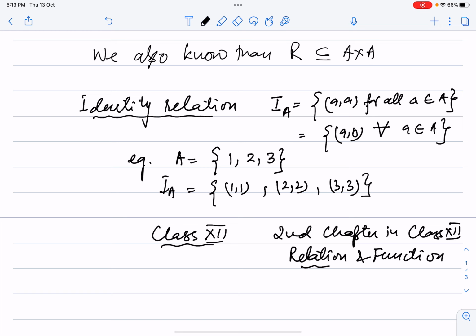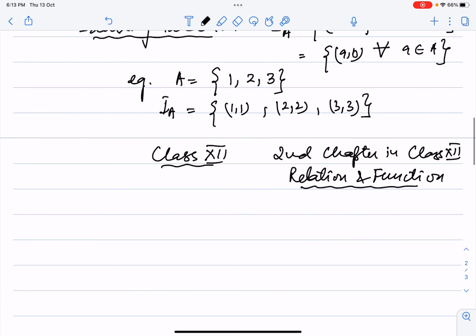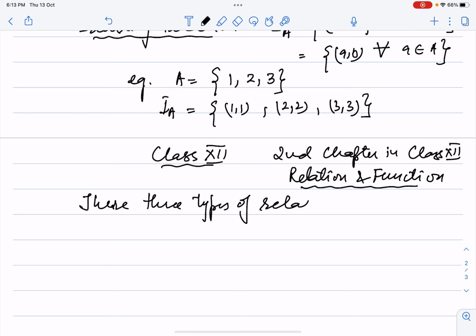So in this video we will be doing only relation, and then obviously we will be bringing videos on function also. So according to this chapter, there are 3 types of relations.